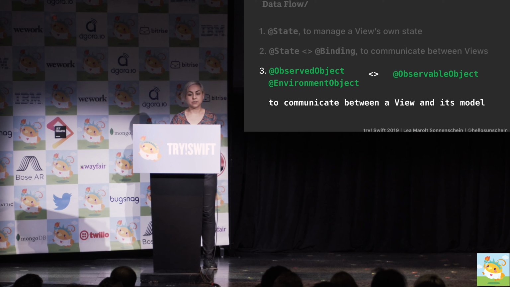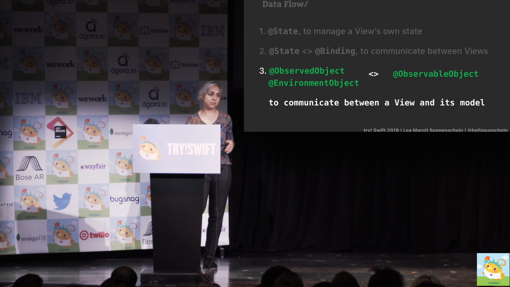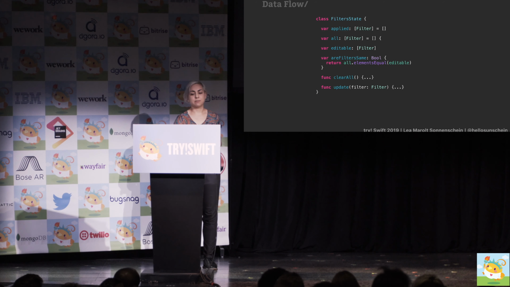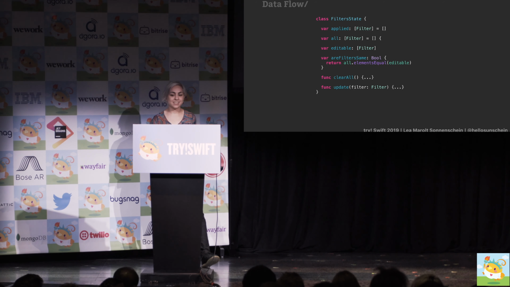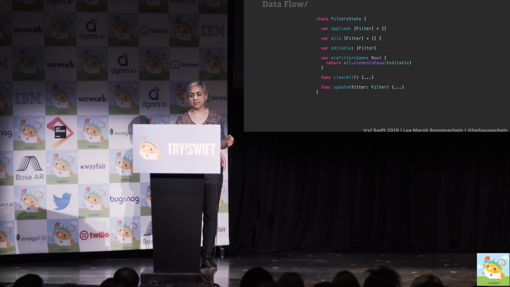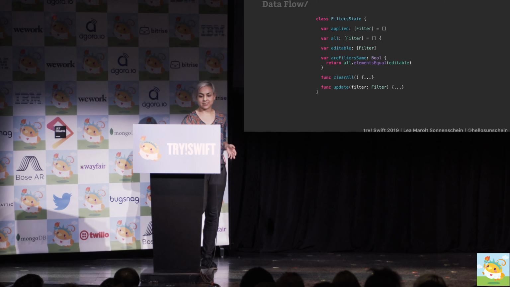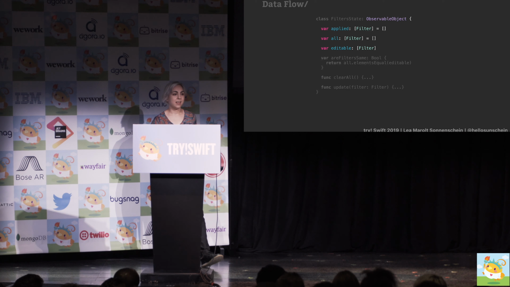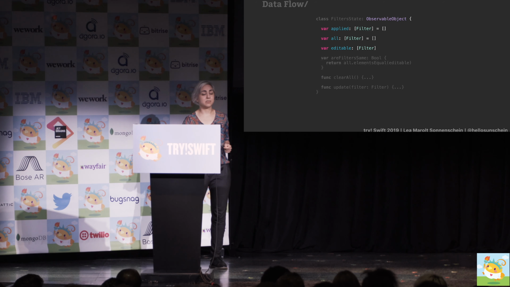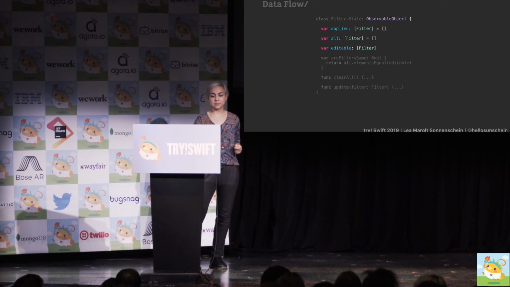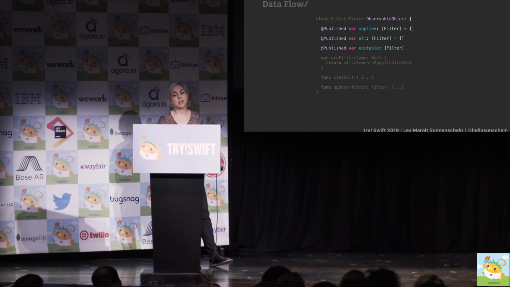So let's go through a concrete example by creating a view model for filter state. We'll start off by adding all the necessary properties I mentioned, the all filters, the applied filters, the editable, whether they're the same, and a couple of methods. Next, we'll conform to the ObservableObject protocol and decide which properties should be observable by marking them with @Published.